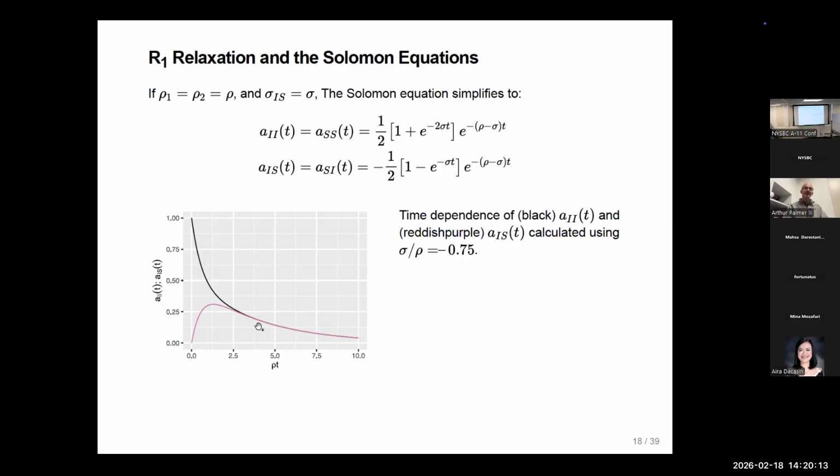And if you've seen this kind of graph, it's what people call an NOE buildup. If we have some mixing time in a NOESY experiment, for example, you see a buildup of magnetization that's being transferred from the other spin, and then eventually everybody decays away back to Boltzmann equilibrium with R1 rate constants.